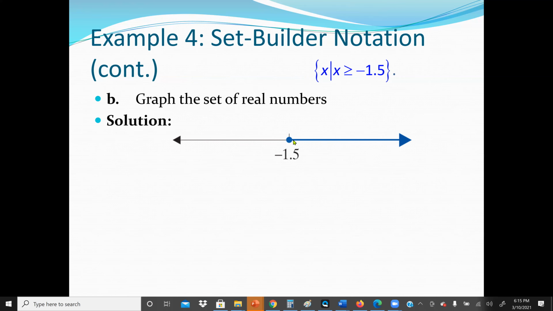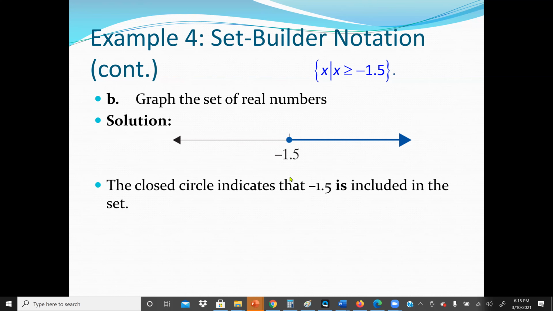Since it's greater, it will go to the right, all the way to positive infinity. So if the number is included, we use the circle with no hole, and if it's not included, then the circle with a hole. Here the closed circle indicates that negative 1.5 is included in the set.